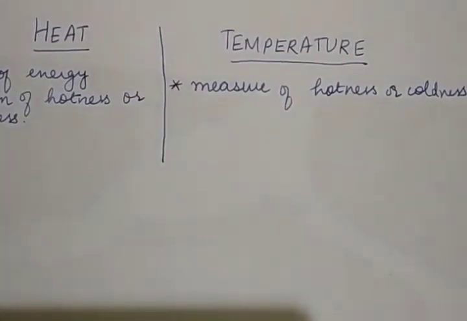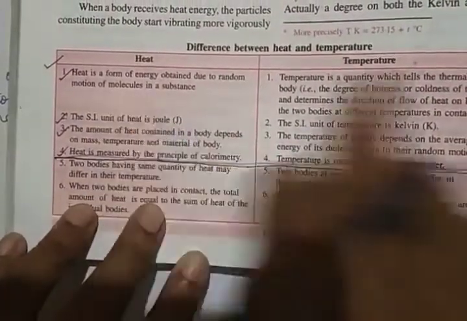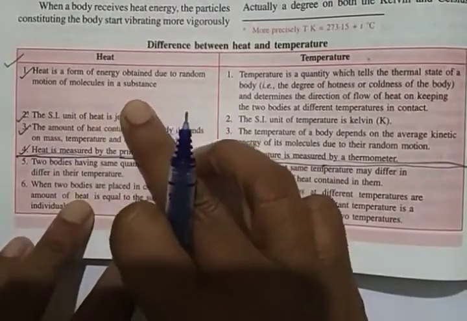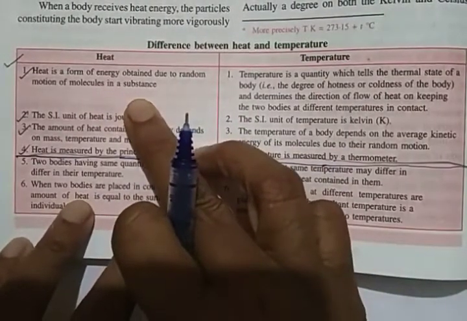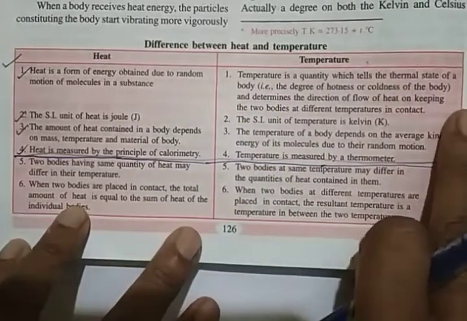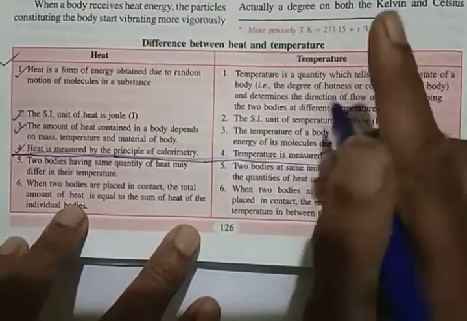You can go through them. The first difference: heat is a form of energy obtained due to random motion of molecules in a substance. Second, temperature is the quantity which tells the thermal state of a body or the degree of hotness or coldness.